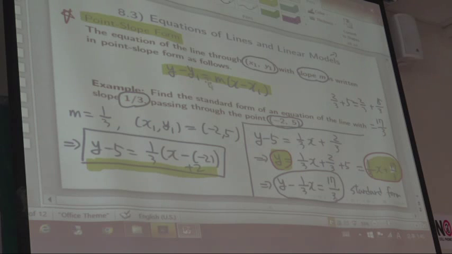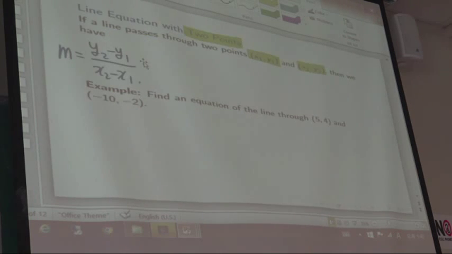So we can rewrite this as y minus y1 is m times x minus x1, but here the m is the same as y2 minus y1 over x2 minus x1. And this is the line equation with the 2 points.